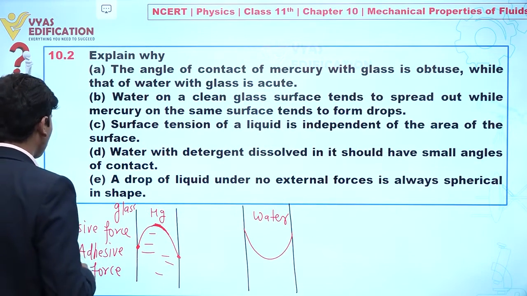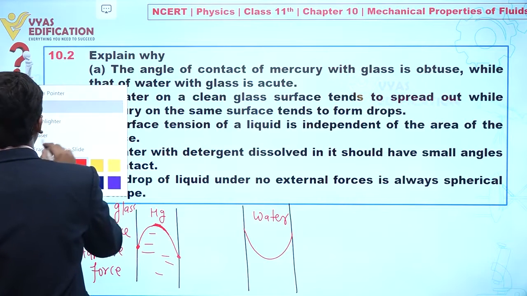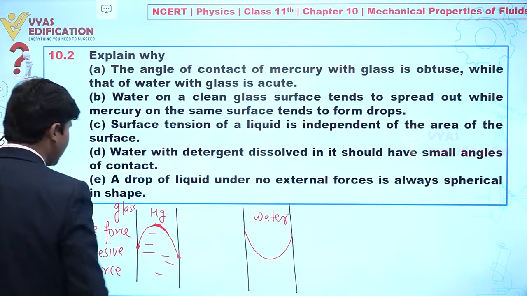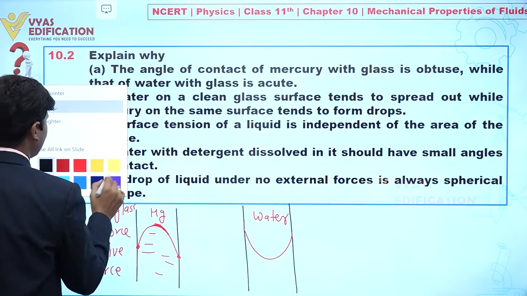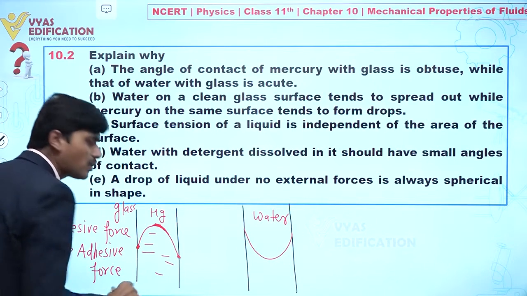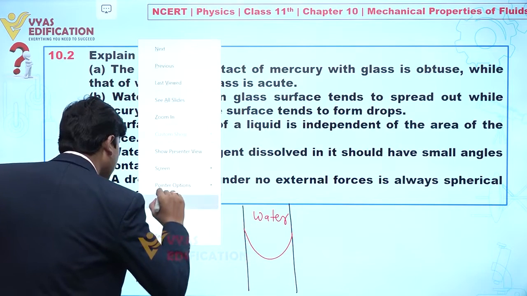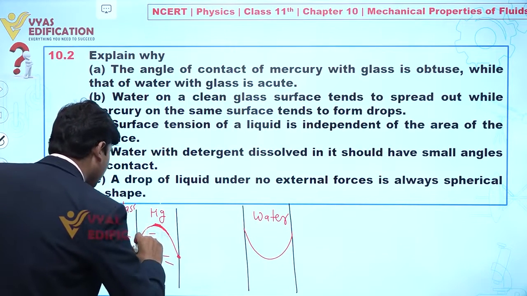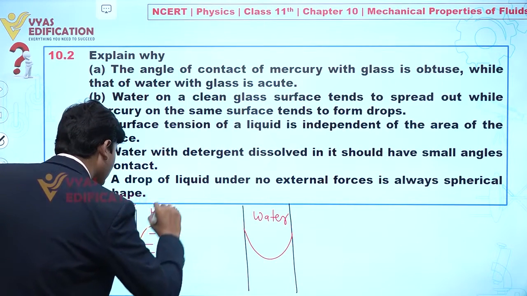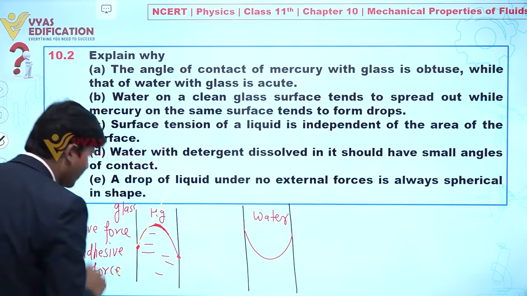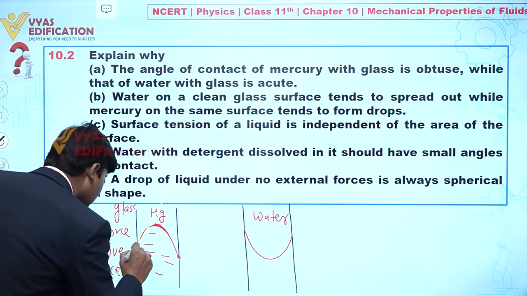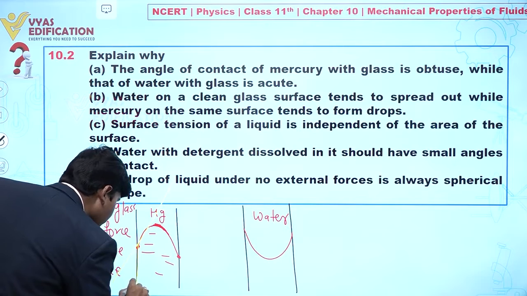Or how can we decide the angle of contact? First of all, at the point of contact we draw a tangent like this. And we also draw a tangent to the glass surface like this.